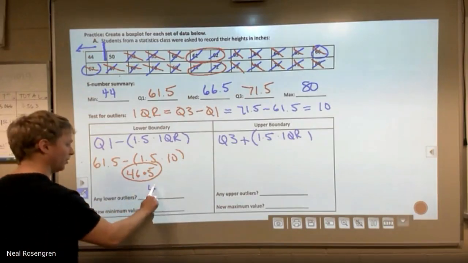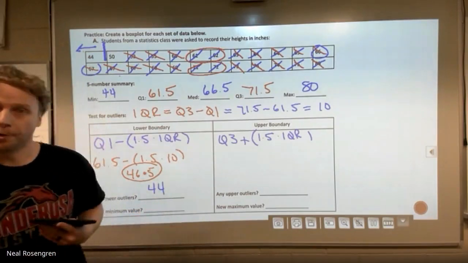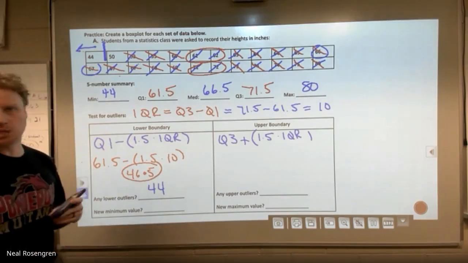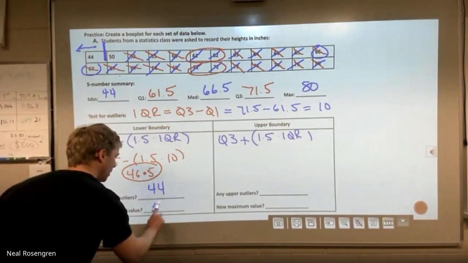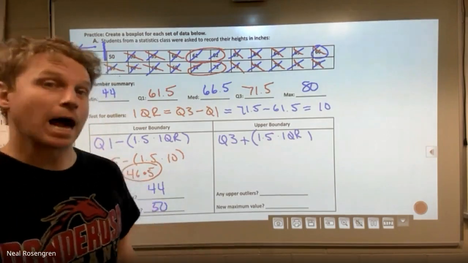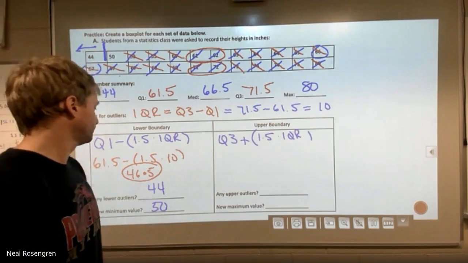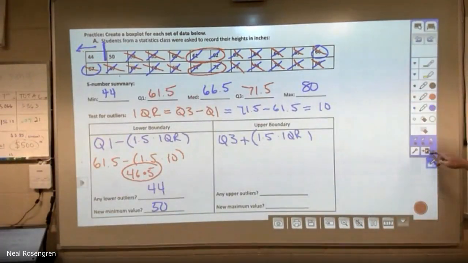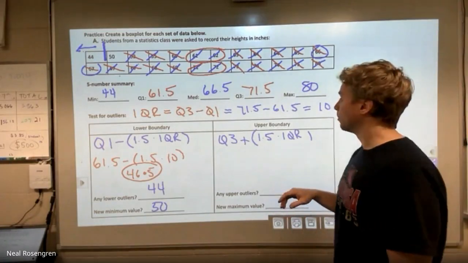Yeah, 44. Too small compared to everybody else. So my new minimum is the next one, right? My new actual minimum, just for these modified box plots, is the one that isn't an outlier, but still super low. Cool. Again, questions, just stop me if you've got anything that's bugging you.